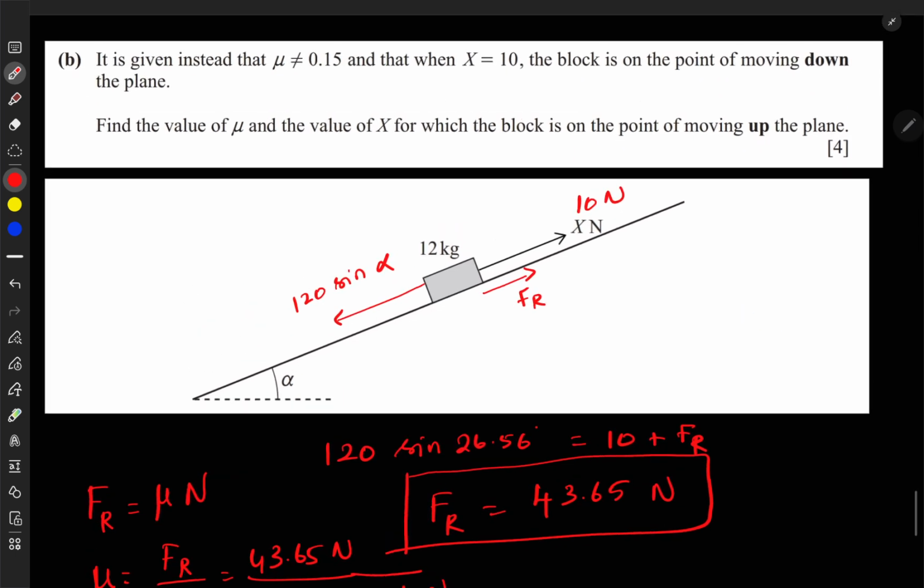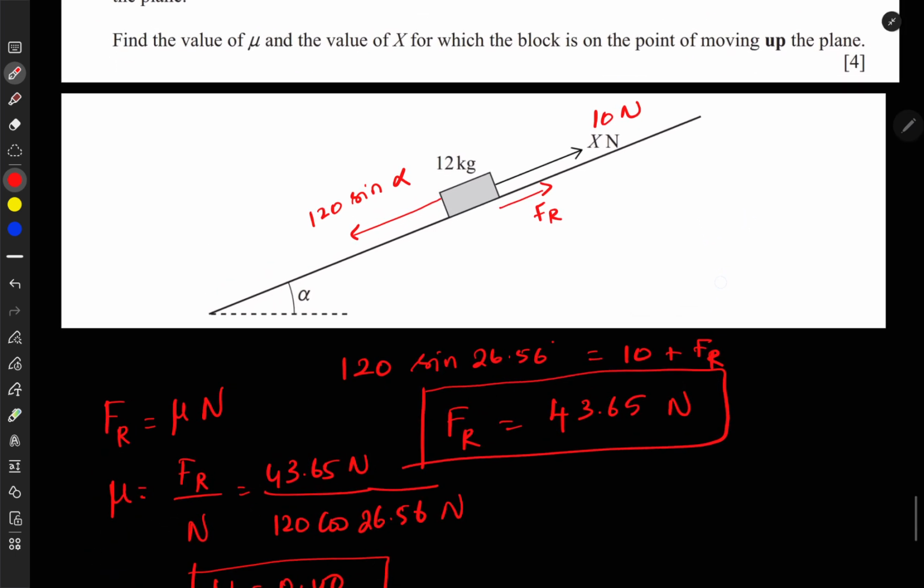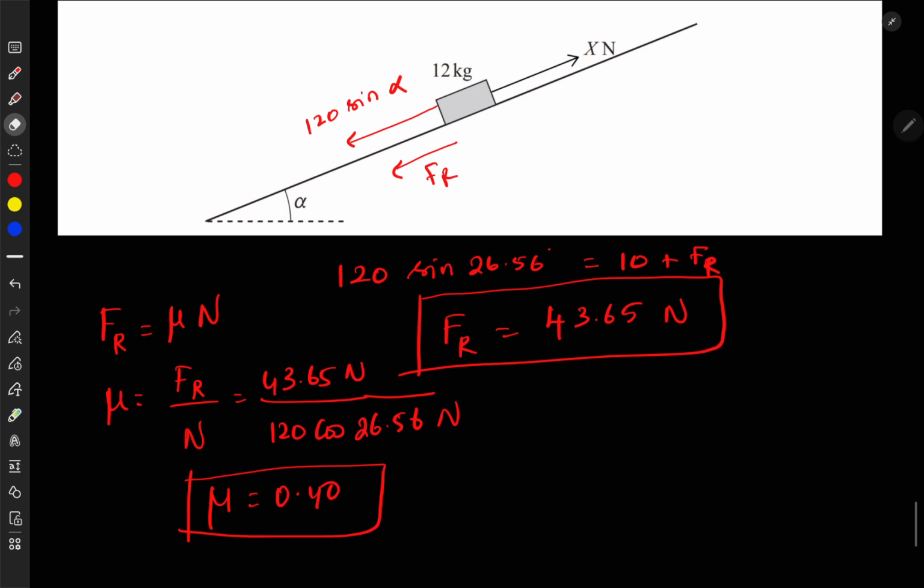Now since it goes up the plane, Fr will be in the opposite direction. I can just draw Fr in the opposite direction, and we don't know X for that, up the plane. We have to find X. So X will be simply 120 sine alpha plus Fr.